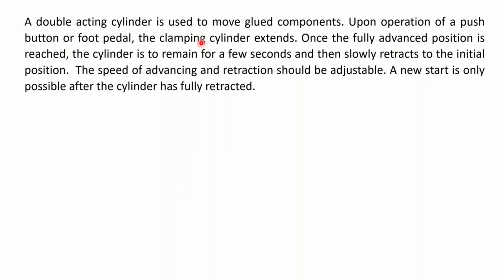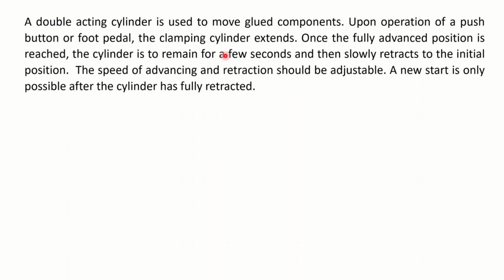The first one is the time delay valve, because it says it remains for a few seconds, which means we should use a combinational valve, which in here is a time delay valve. And then it says it slowly retracts to the initial position, which means we have to use a throttle check valve. As you might remember, we had a video on the time delay valve and also a video on throttle check valves and how they work.